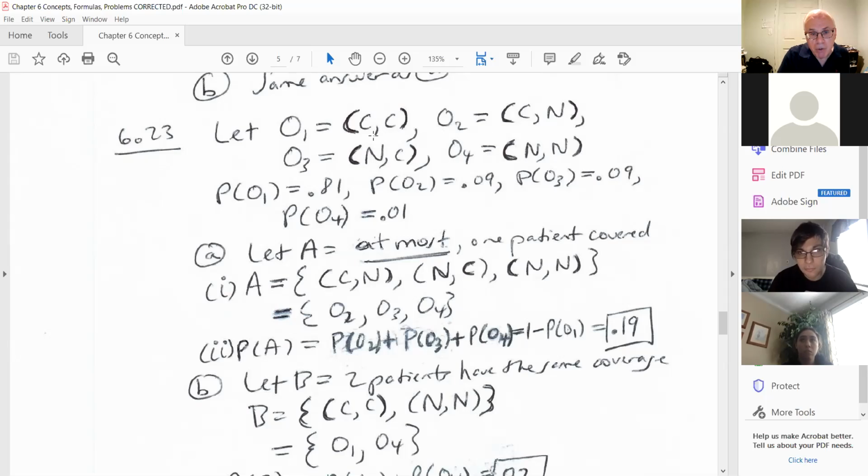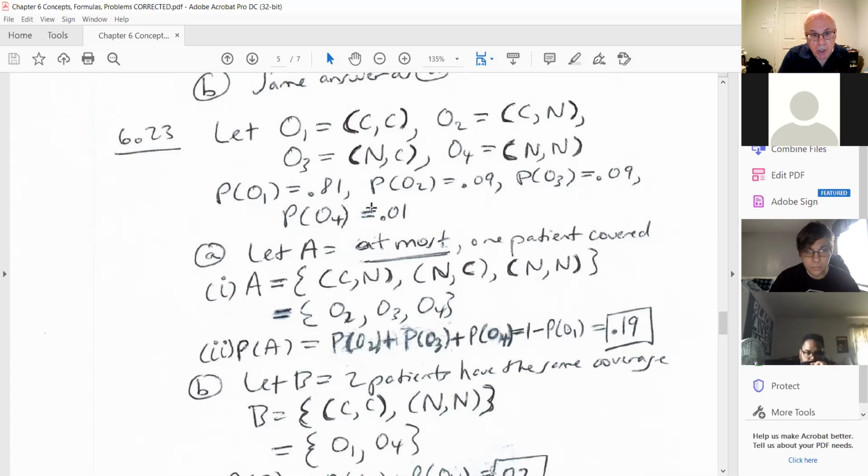But for that to be true, each of these 4 outcomes has to be equally likely to occur. If they're unequally likely, which is the case here, because the probability of O1 is 0.81, and the other 3 cases are much lower, 0.09, 0.09, 0.01, then that's not the right way.